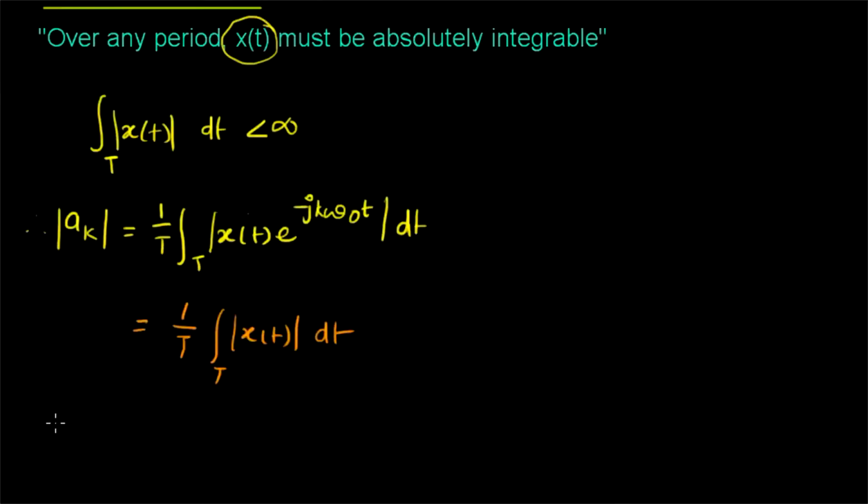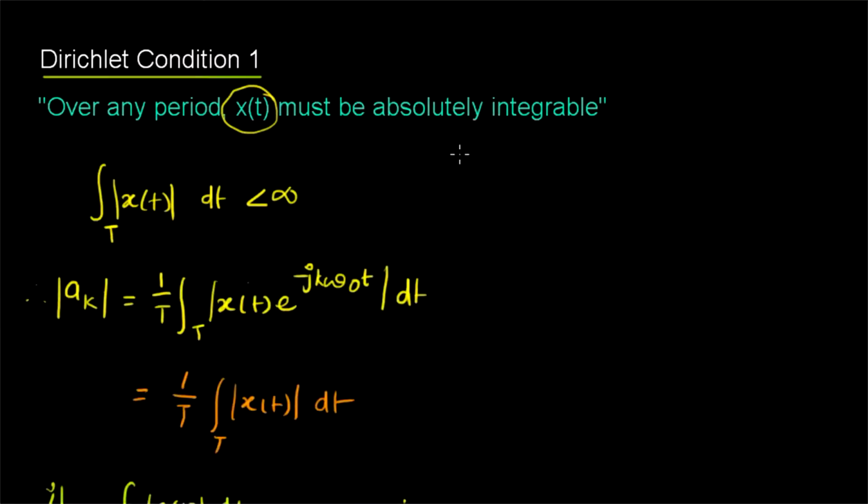This equation says that if the integral of the magnitude of x of t dt is less than infinity, that is, it is absolutely integrable, then a_k, the Fourier series coefficients, are also less than infinity. So that is the first Dirichlet condition: over any period, x of t must be absolutely integrable.